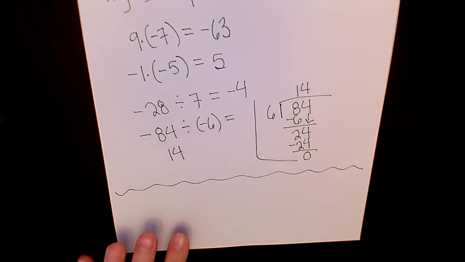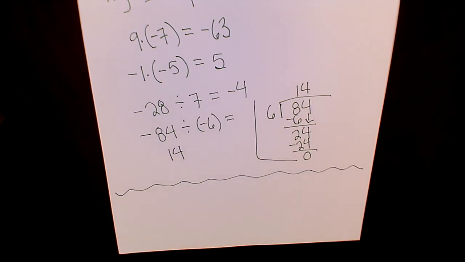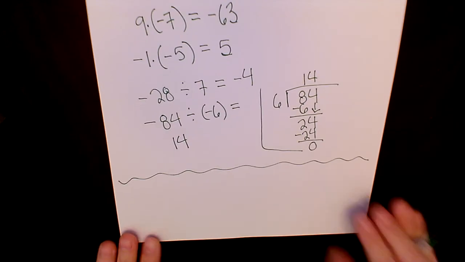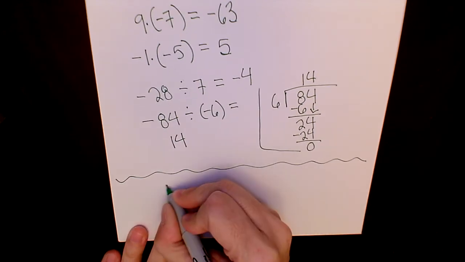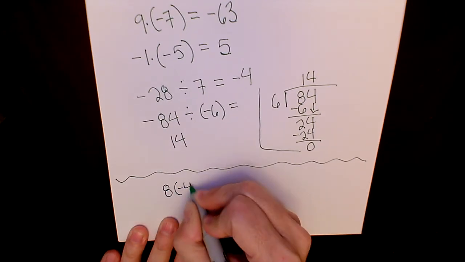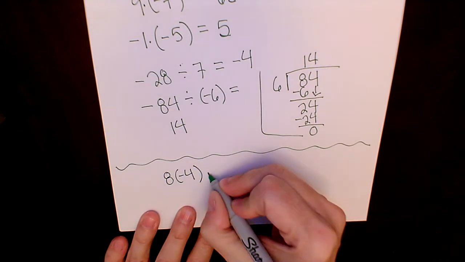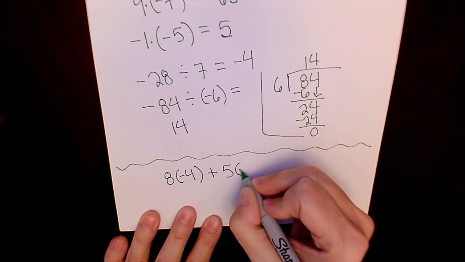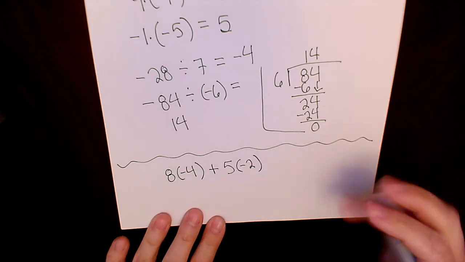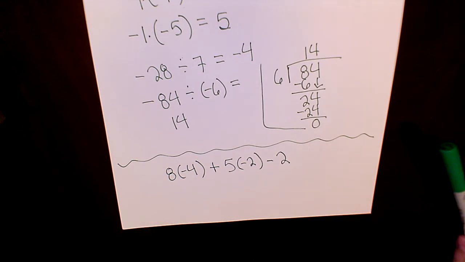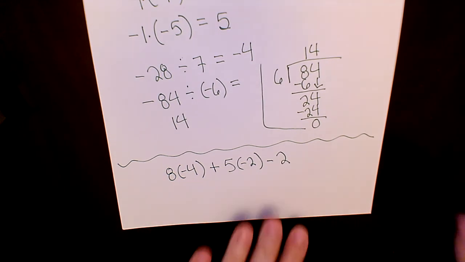Okay, let's go a little bit harder. What if I had something like this? So that's 8 times negative 4. And something similar to these are on the bottom of 247.